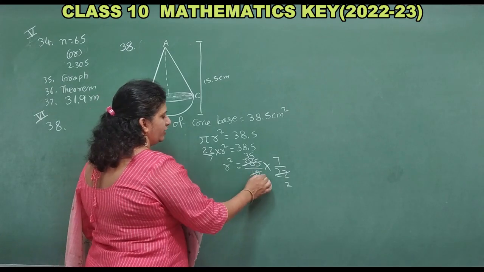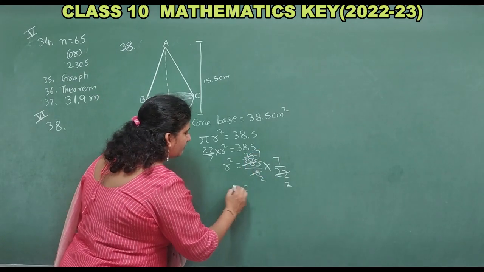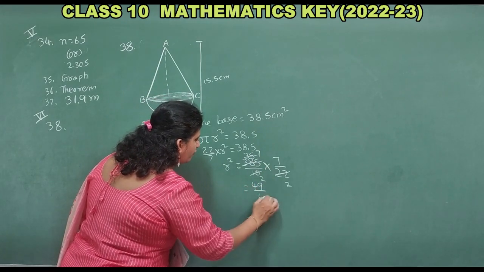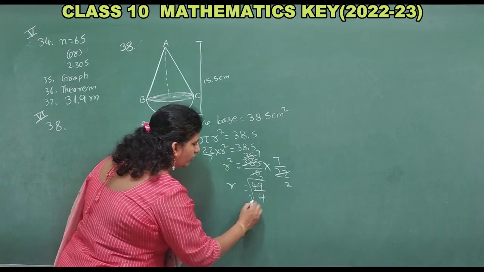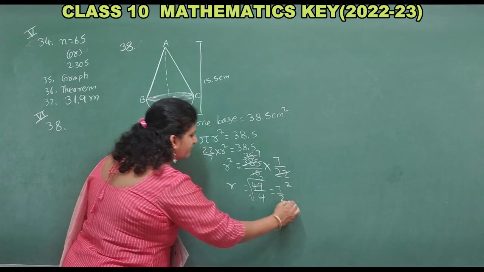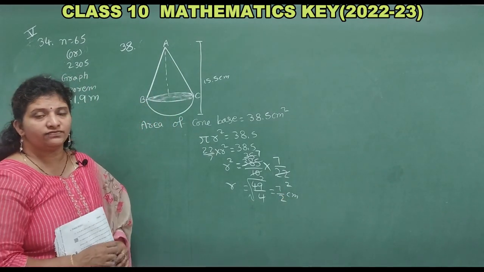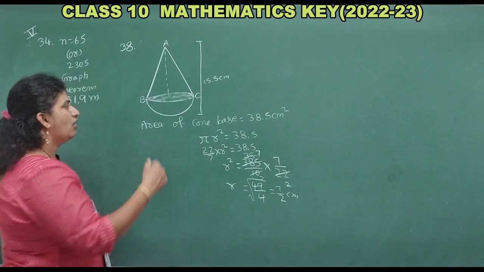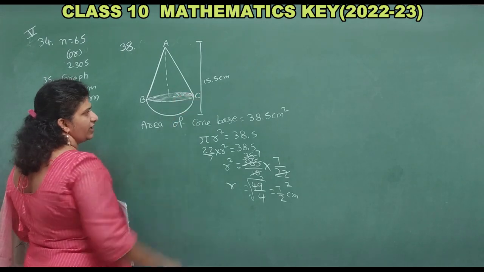Then again 5 2s, 10, 5 7s, 35. Then it will be 7 7s, 49 by 2 2s, 4. R is equal to square root of 49 by 4. Therefore, R is equal to 7 by 2 centimeters. What is the radius of a circular base, children? It is 7 by 2 centimeter, or you can write it as 3.5 centimeter also.